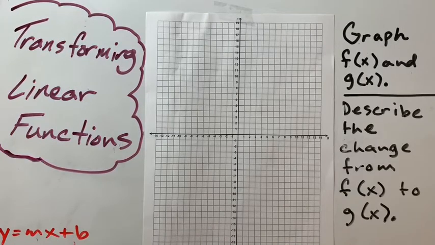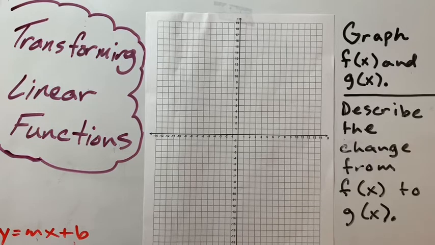Okay, so we saw a case where we transformed a linear function through a translation. Let's see what it looks like when we have a rotation. All right, so let's go ahead and provide 2 equations or functions, if you will, for us to consider.